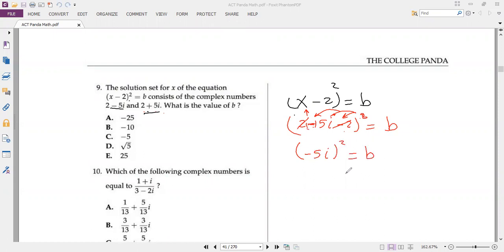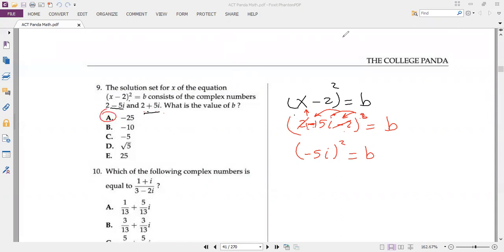Just use your calculator and check what happened here. Just try negative 5 shift i, close parentheses, and square. Answer is A. Very clear and very easy as well.